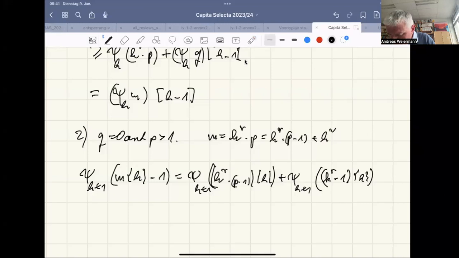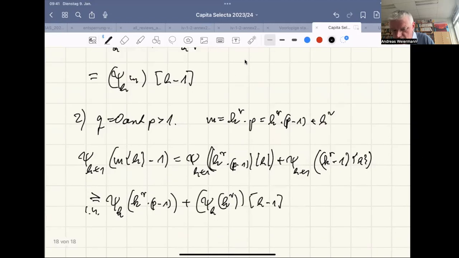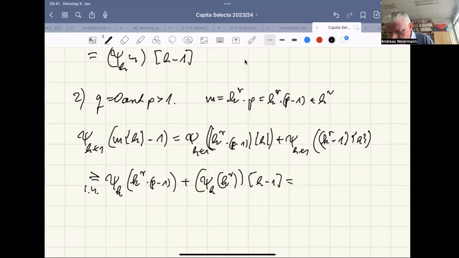Now in the first part we can apply the laws for composition. So it's psi_k of k to the r times (p minus 1). That's fine. Plus, in the second one we can apply the induction hypothesis to obtain bigger than or equal to c_k of k to the r at k minus 1, which is c_k of m at k minus 1.